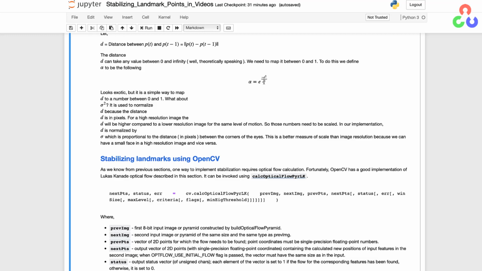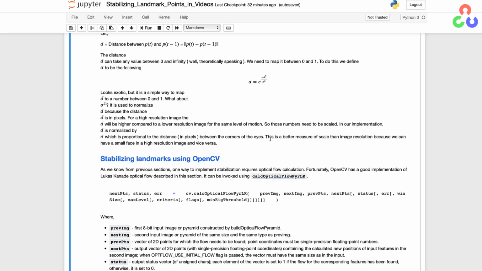You can see that when the distance is 0, alpha equals 1. When the distance is infinite, alpha equals 0. This is a very standard trick. We have also introduced this parameter that controls the notion of distance. So in this particular example, we have made sigma proportional to the distance between the corners of the eyes. That way, this distance is normalized.